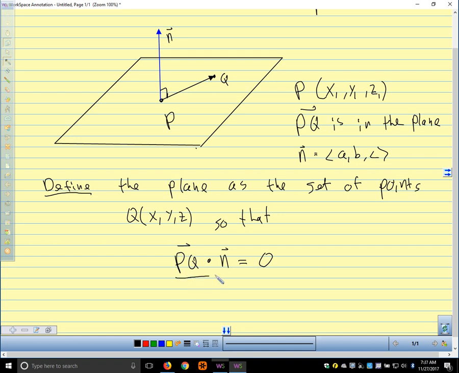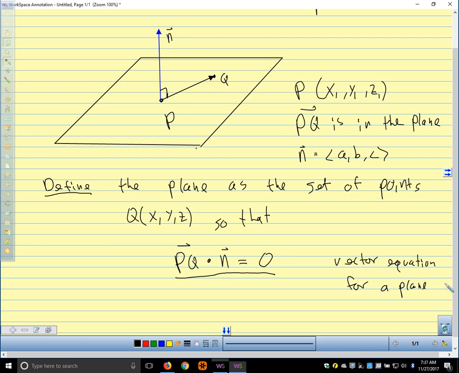This is the vector equation for a plane. Does that make sense, why we could define a plane that way?